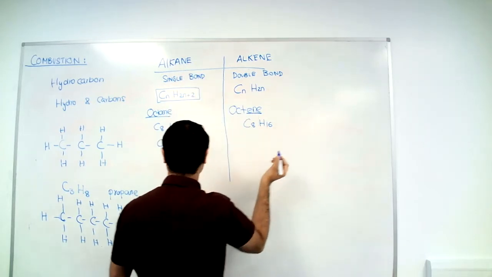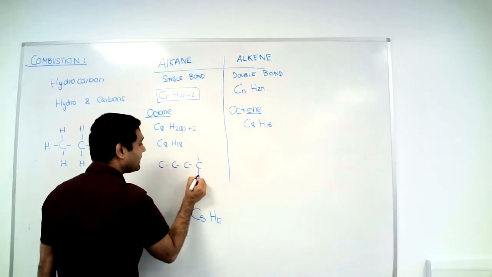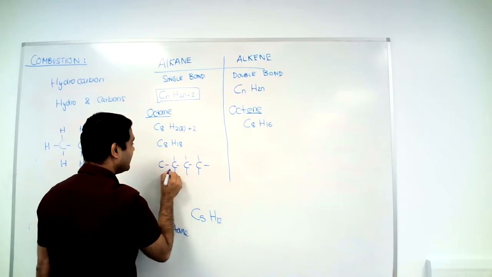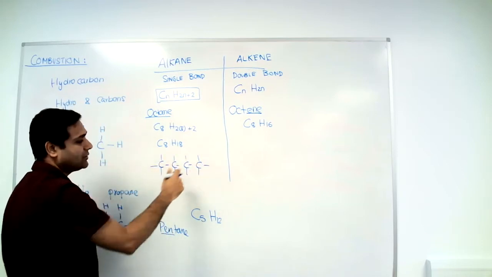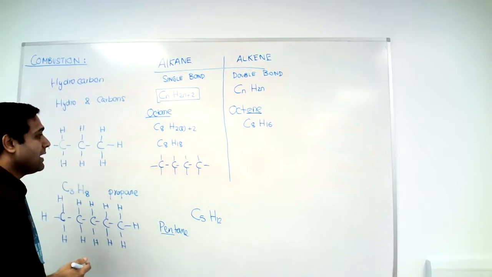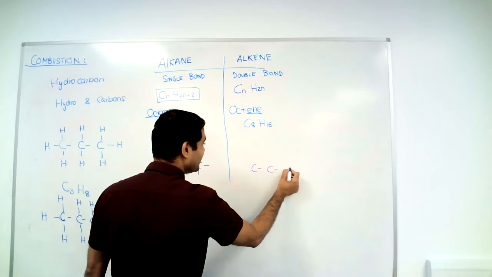If I draw that, it's 1, 2, 3, 4, and all these arms are attached to hydrogen. If I want to do butene, it's going to look like this, for example.